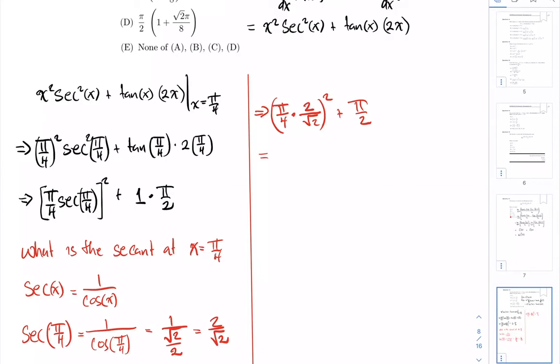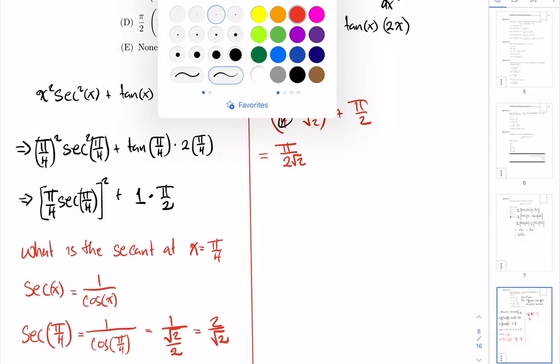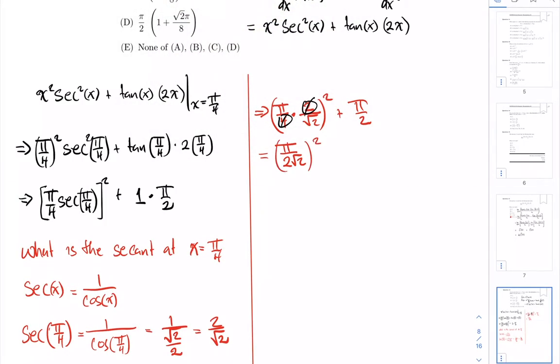We still have to simplify some more. This becomes pi over 2 times the square root of 2, because we cancel this 2 into this 4 two times, and we still have everything raised to the second power, plus pi over 2.